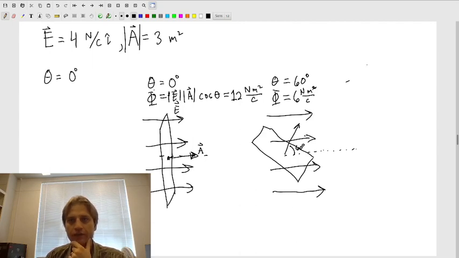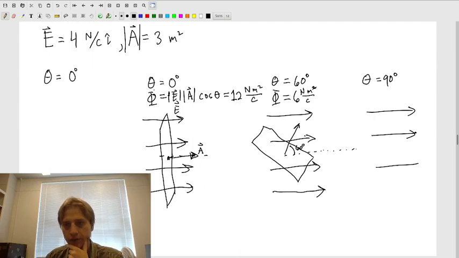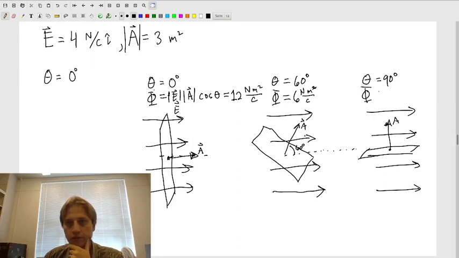On the other hand, if I took my angle as 90 degrees, then I would have the case where here are my electric field vectors, and then my surface would be oriented essentially parallel, but my area vector would be perpendicular, and so my flux would be 0.